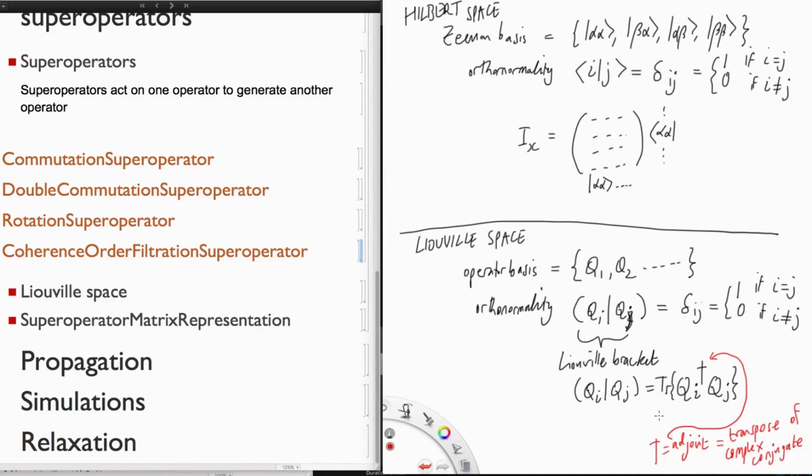So it's just some funny manipulation of the matrix. Exchanging rows and columns, that's what transpose means. And changing the sign of all imaginary numbers, that's what complex conjugate means. And trace means sum all diagonal elements.